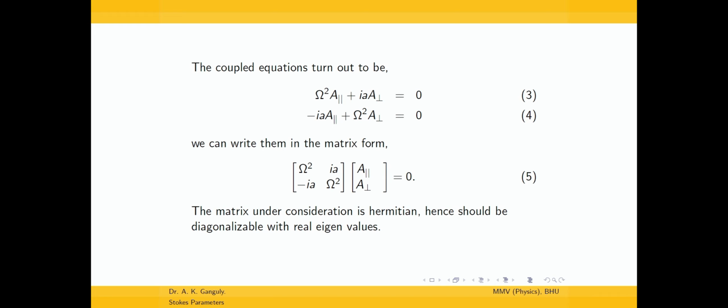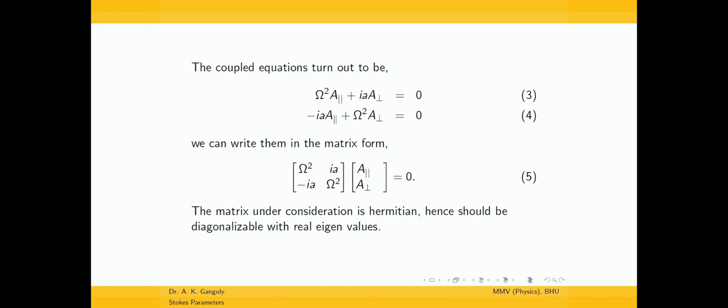diagonalization by unitary transformation will introduce us to two new dynamical variables. Those are combinations of a parallel and a perpendicular, and two new eigenvalues of the matrix.